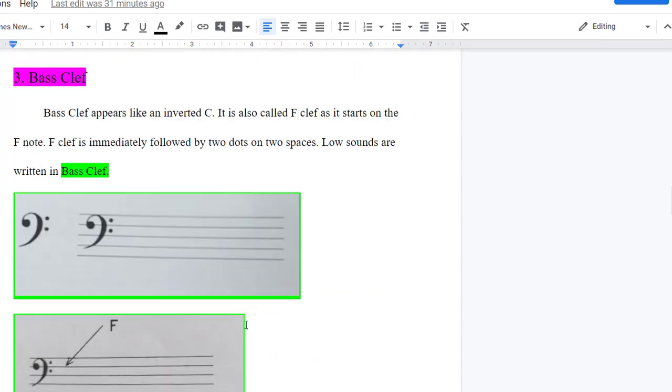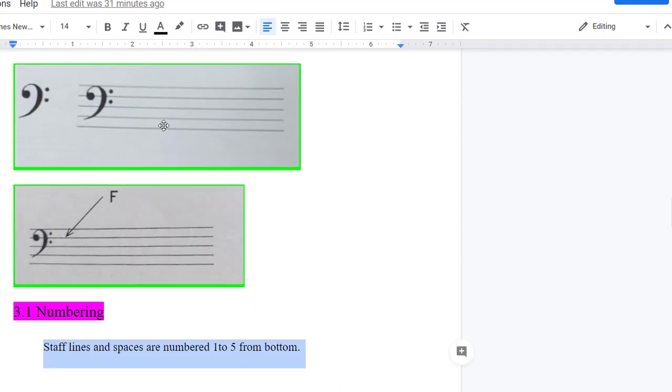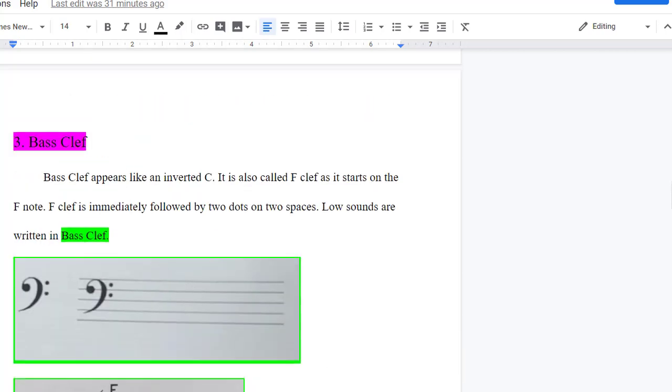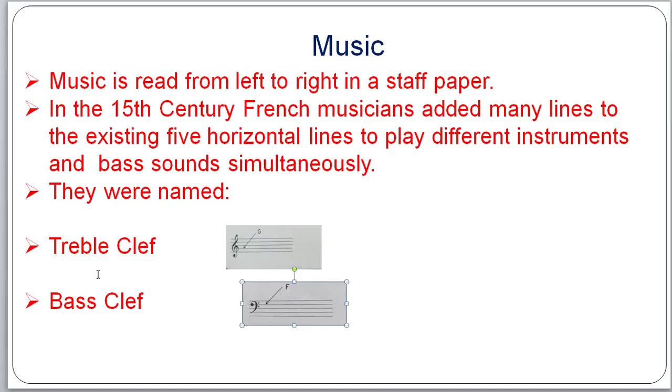And this is the bass clef, which is similar to an inverted C with 2 dots, and it starts from the second line from the top, that is the fourth line from the bottom, 1 2 3 4, which is an F note, and it is also called F clef or bass clef. Okay, so this is a treble clef and bass clef.